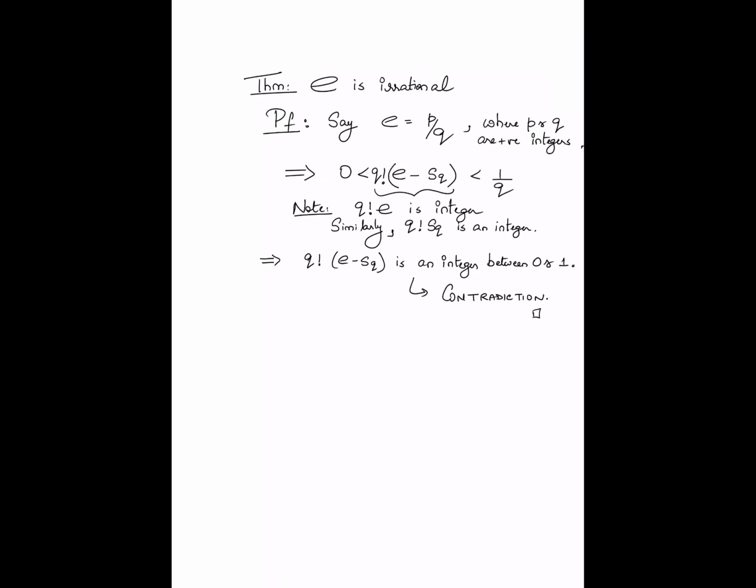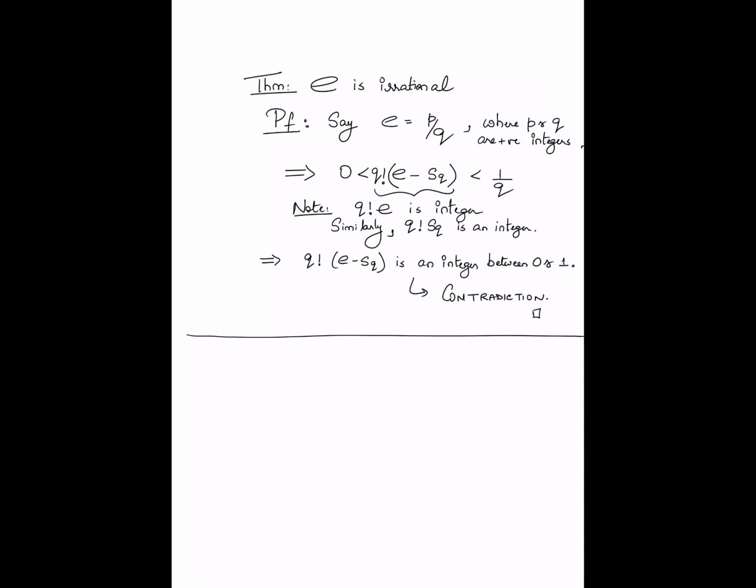So this bound that we had between E and its finite sum approximation is not only useful from a numerical accuracy standpoint, but also helps us prove that the number E is irrational. To recap, E is an irrational number.